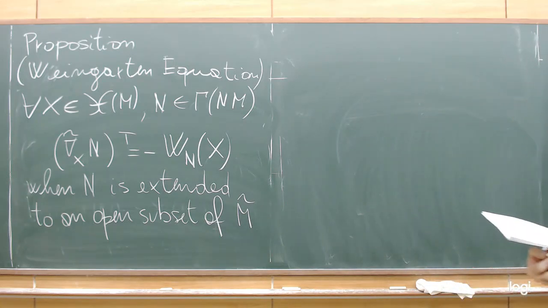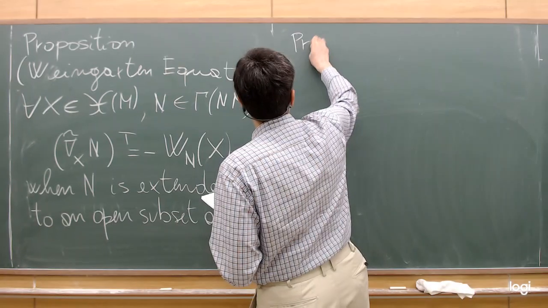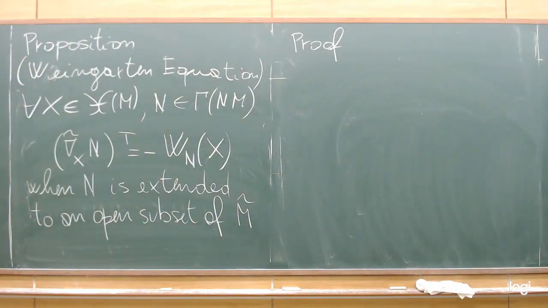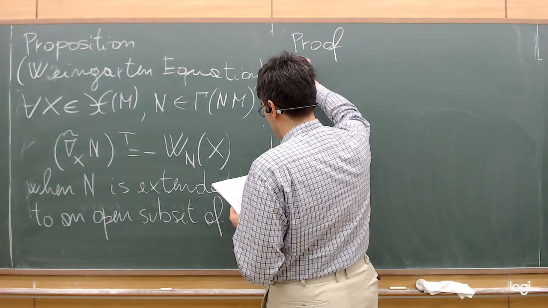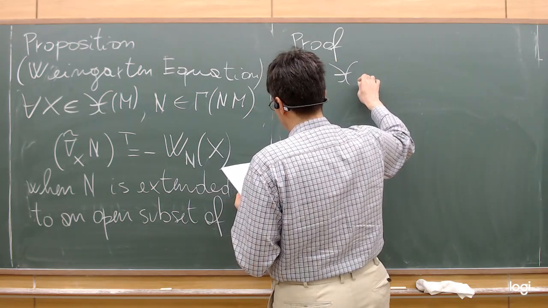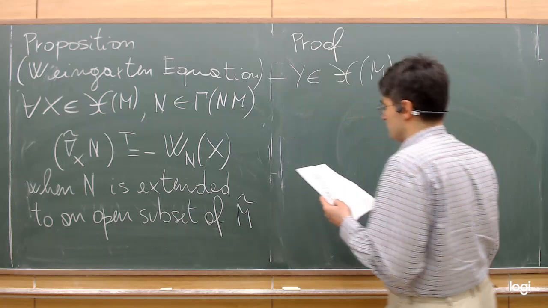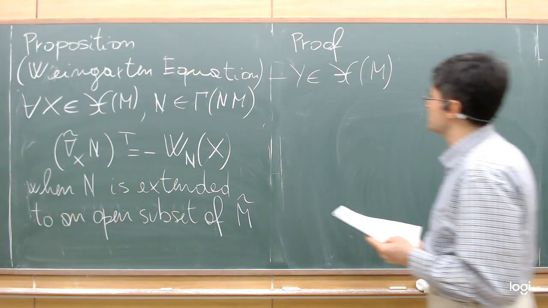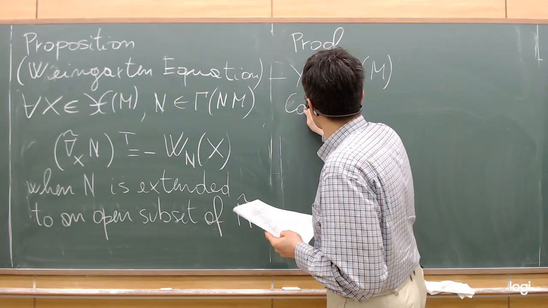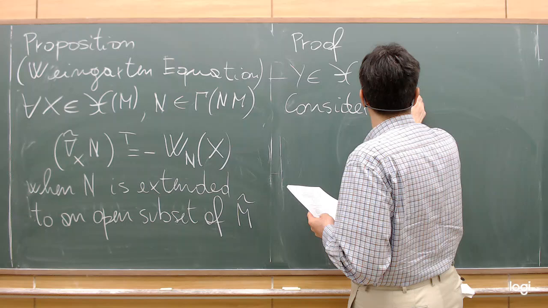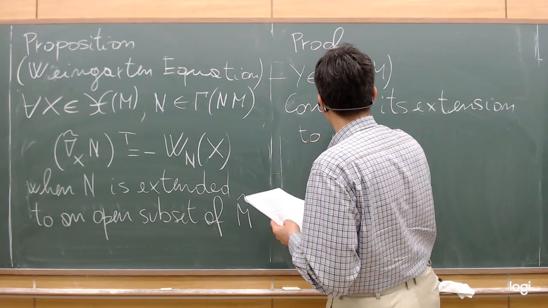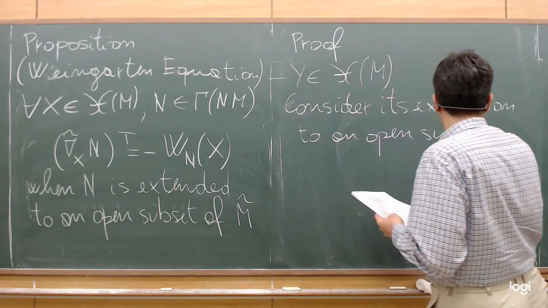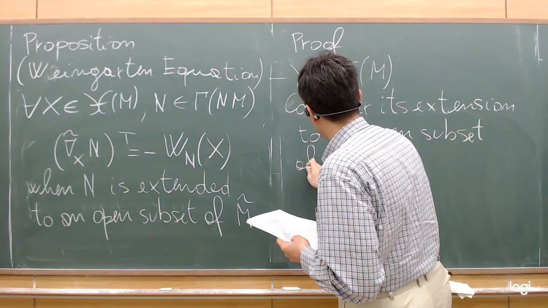How to prove this result? Suppose that Y is in T(M), and we consider its extension to an open subset of M tilde.